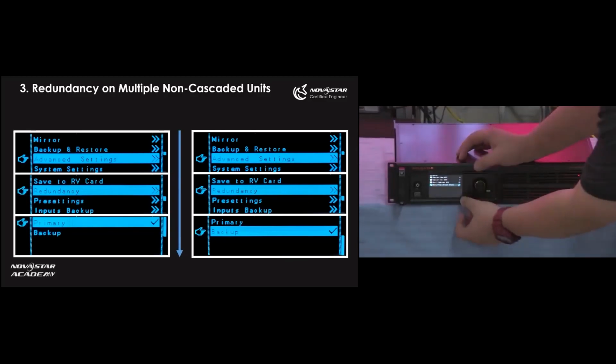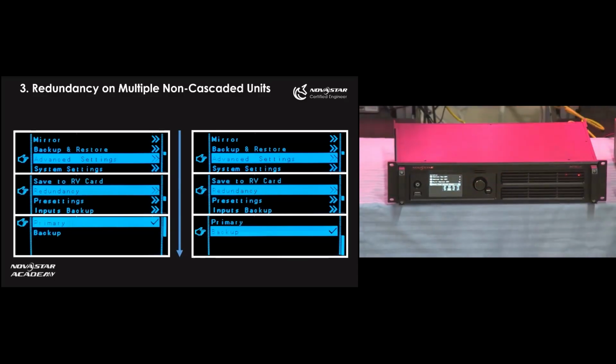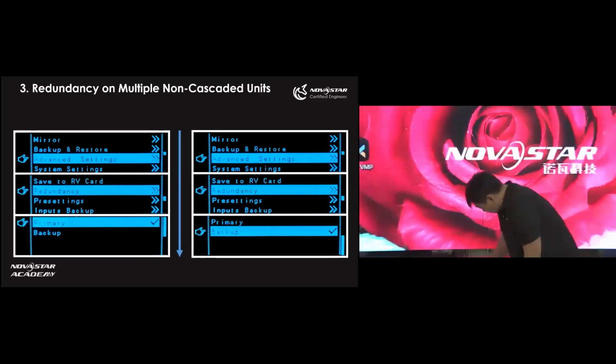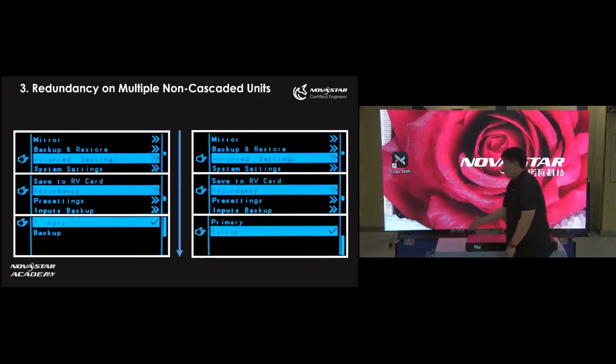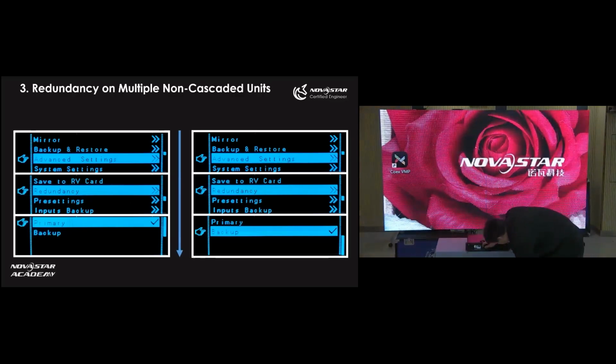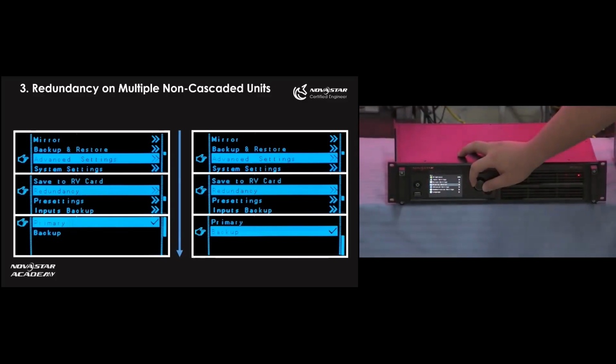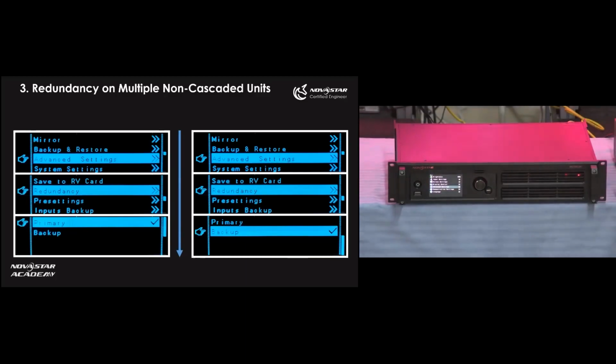It's about the data flow direction. That's the wrong way. So we have to make sure it starts from the left bottom corner to the top, and then goes right and goes down. Go that way, and then all things will be configured for the primary device.